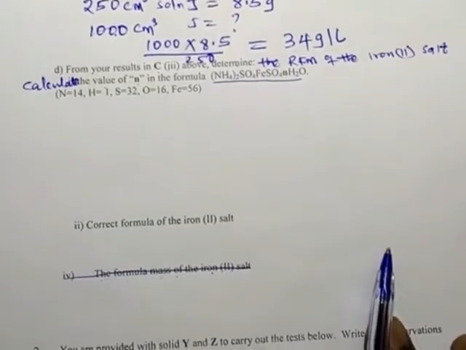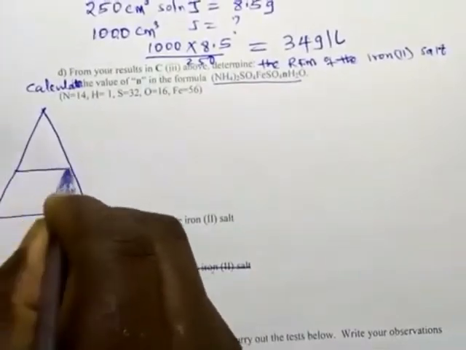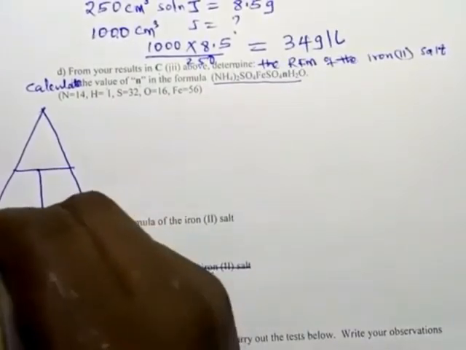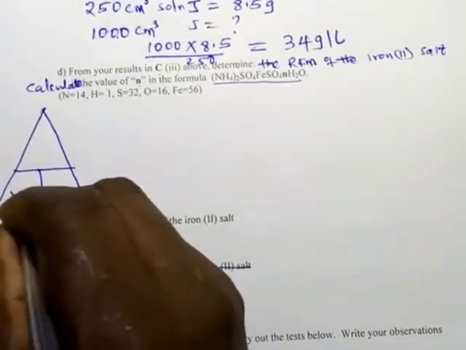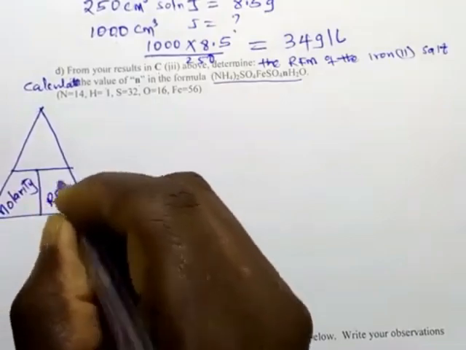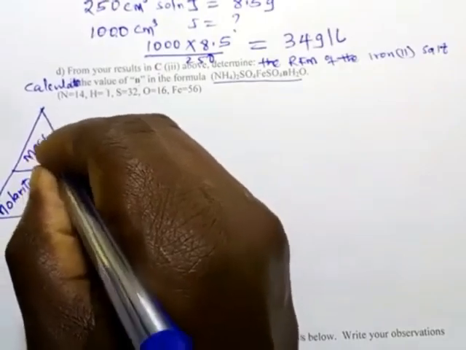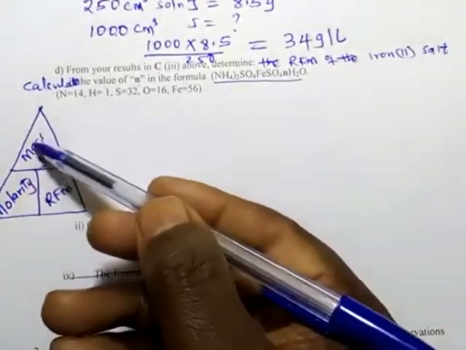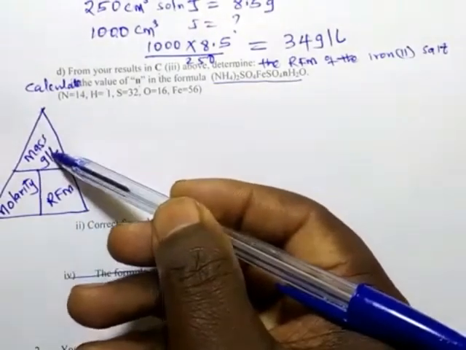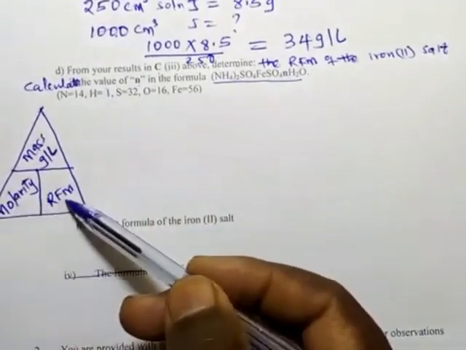So let us see how to calculate the RFM. There is always this triangle I will always give you. Molarity, RFM, mass in grams per liter. So once you have mass in grams per liter of a substance, you have the molarity of that substance, you will get the RFM very easy.